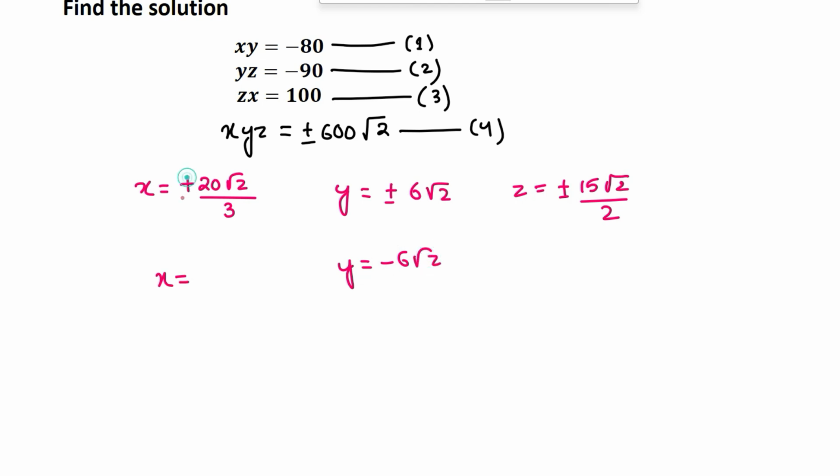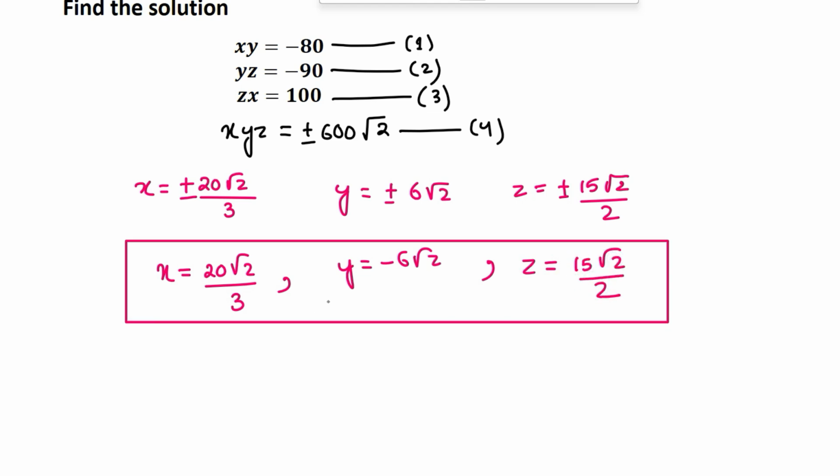For the negative value of y, we need to take the positive value of x, that is x equals 20 root 2 divided by 3. Similarly, yz is also negative. As we have taken a negative value of y, here also we need to take the positive value of z, that is 15 root 2 divided by 2.